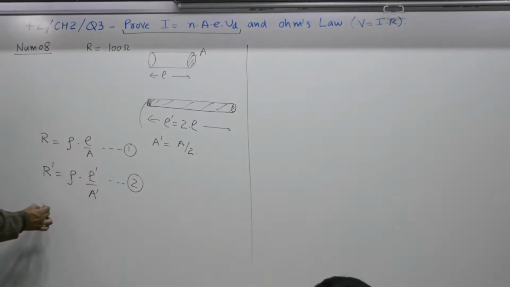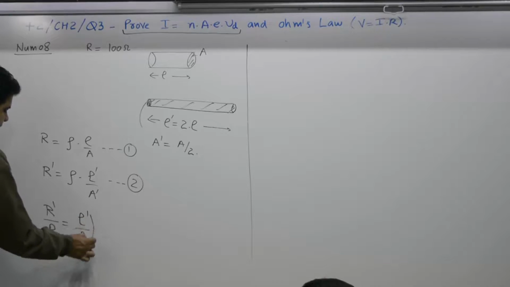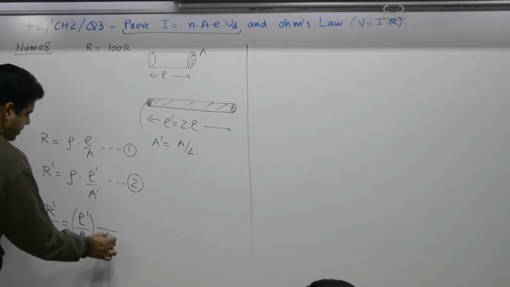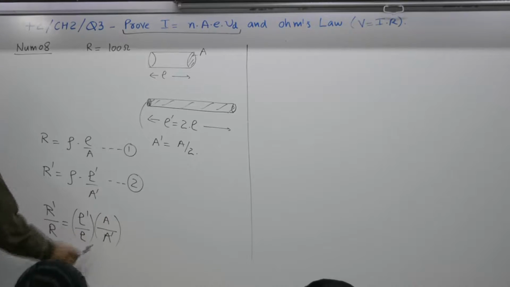Yes, R dash by R is equal to L dash by L, A by A dash. Directly proportional to length, inversely proportional to area.